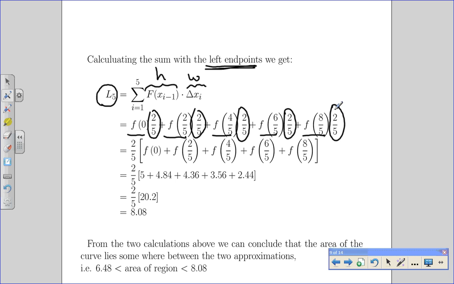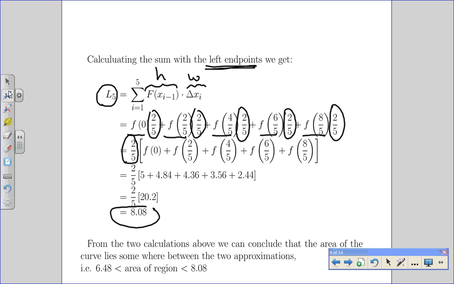And because I have a 2/5 in each of these terms, I factor that out, I add up all the heights, and I get 8.08. And that's an overestimate. That's a little bit big. And so the true area is somewhere in between, between 6.48 and 8.08.